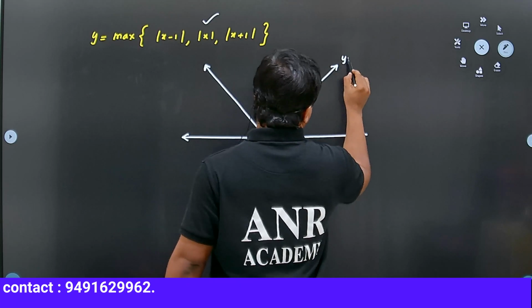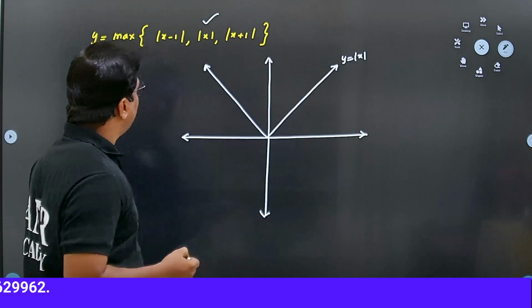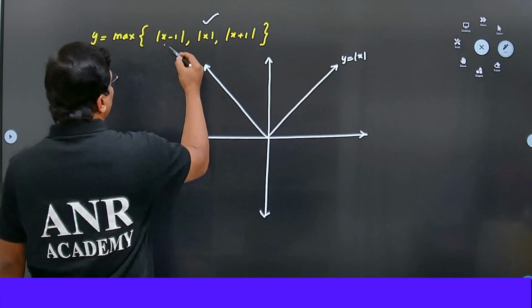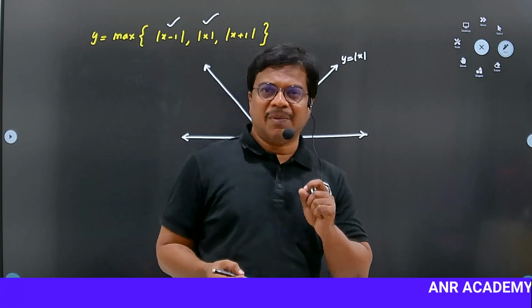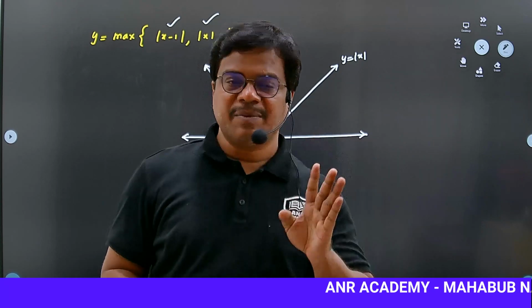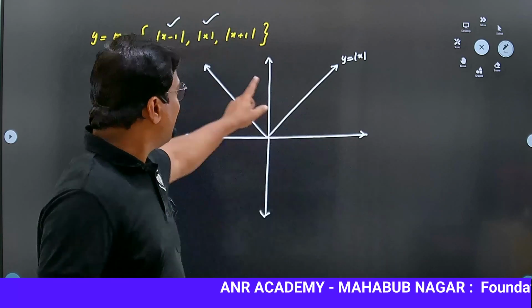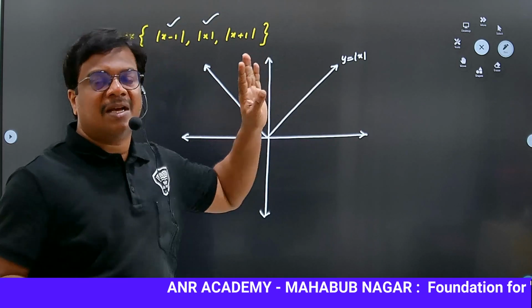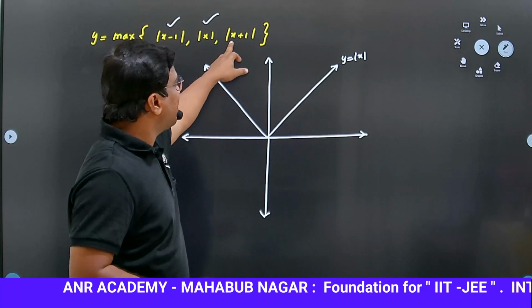This is y equal to mod x. Next, the graph of modulus x minus 1. It is also a V-shaped graph, but the sharp edge exists at x equal to 1, and for modulus x plus 1 also a V-shaped diagram, but the sharp edge exists at x equal to minus 1.